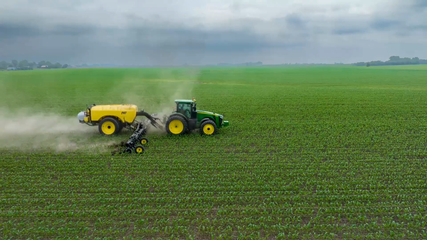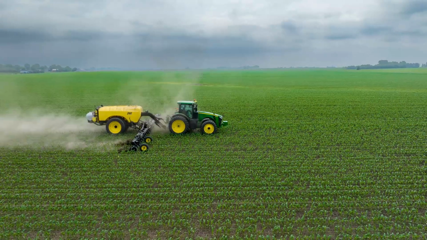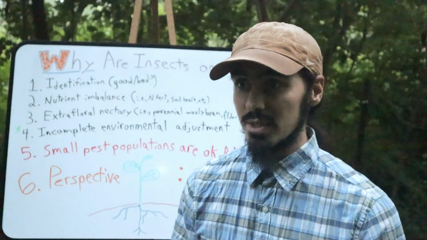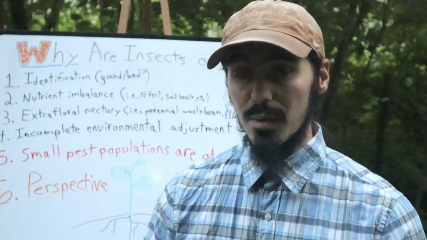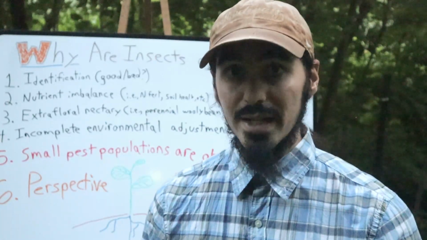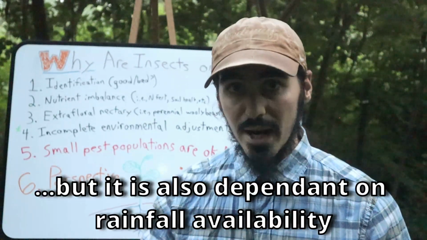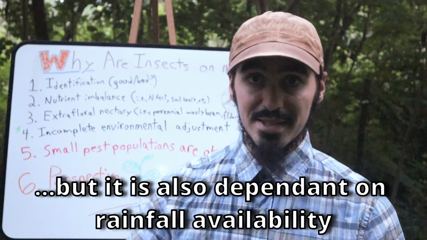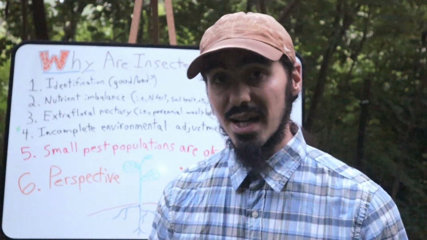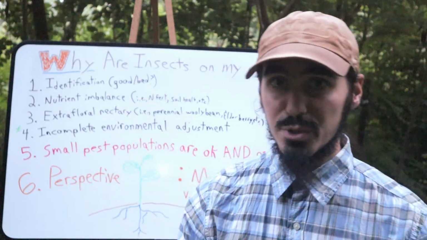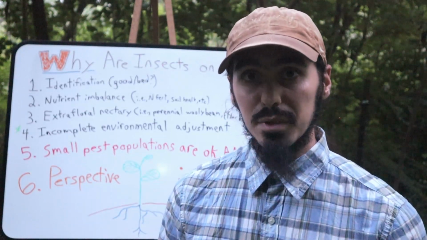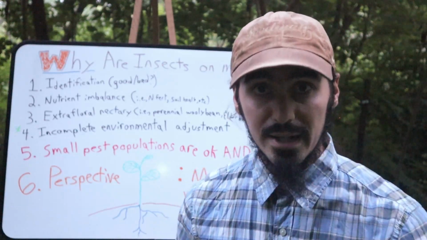Because if we add an excess of nitrogen to a lot of different crops, these crops will take up that nitrogen, and those crops with the higher nitrogen levels will be a lot more enticing, right? A lot more attracting to some of these pest insects, like aphids, for example. For further reading, I have attached an article down in the description that goes over the excess nitrogen in plants and how that can become more attractive to insects.